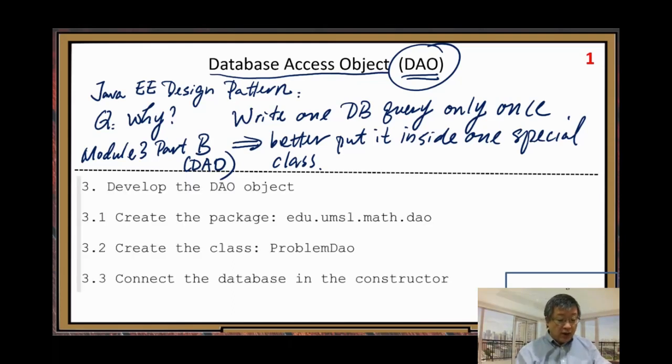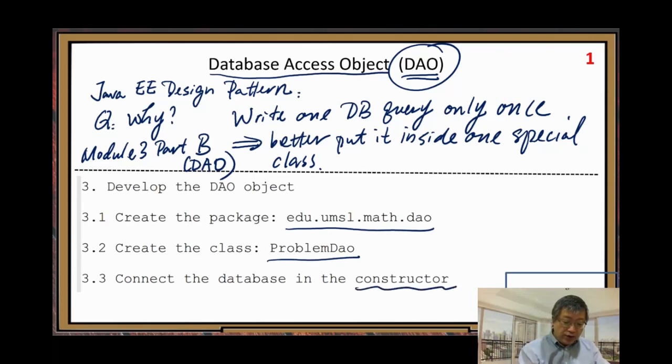The first few steps, develop the DAO object, create a package like this, then the class name, this one, then in the constructor, we need to connect the database using the standard way.